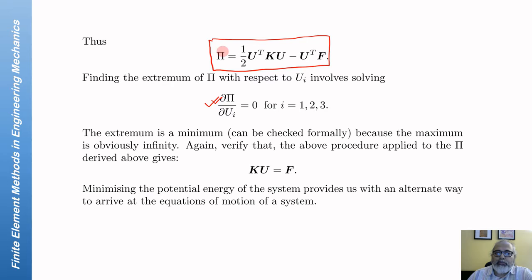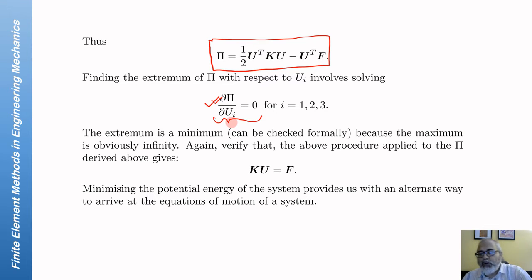So in order to minimize this, this is what I'll have to do. It will turn out that these three equations, del pi del u1, del pi del u2, del pi del u3 equal to 0, are nothing but the equilibrium equations that we have obtained before.